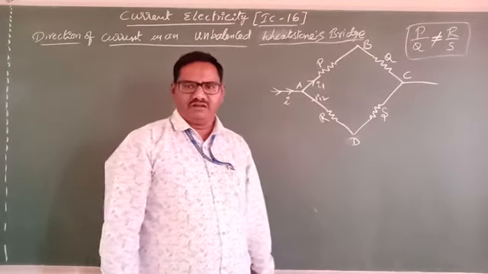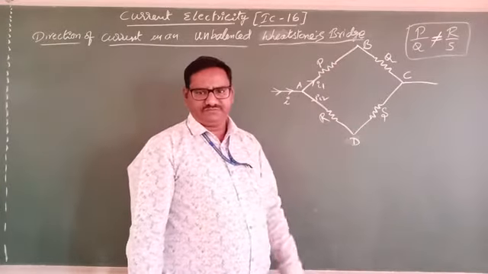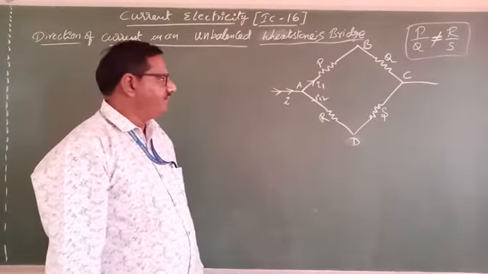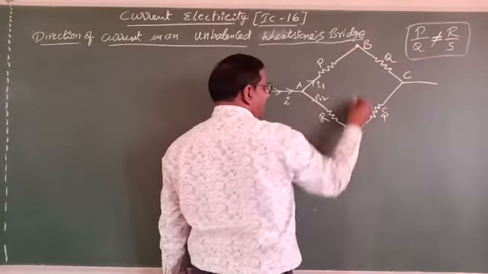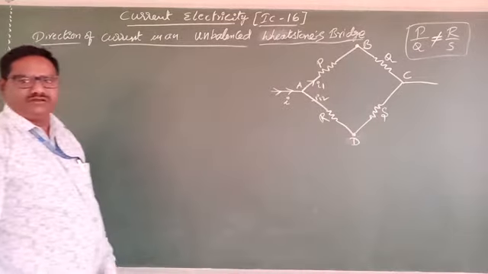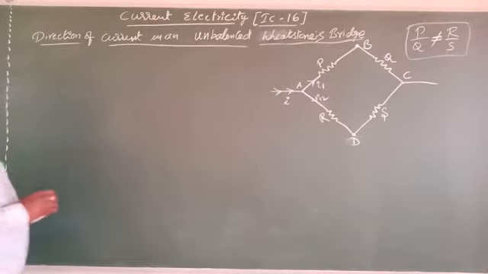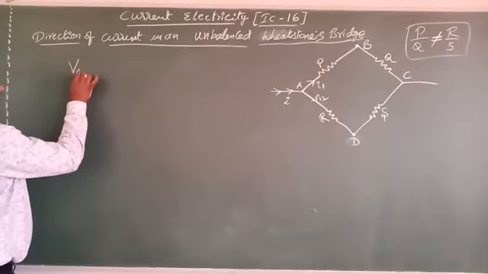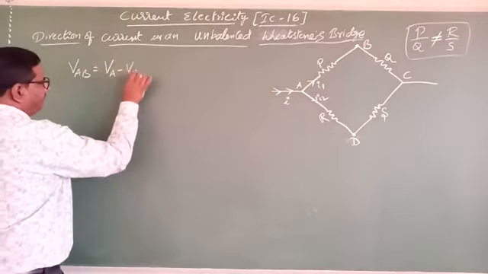To measure the potentials between B and D, how can you write? First you need to take the potential of B and the potential of D. The potential difference VAB is VA minus VB.